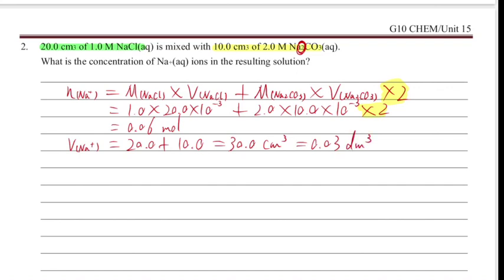And then the molarity or the concentration would be the number of moles of sodium ion over the volume. So 0.06 over 0.03, which gives us 2 molar. Okay, so that's question 2.